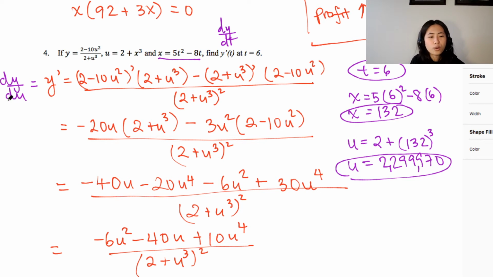So you can't really just plug in the u, because you need to have it as dy over dt. We're not going to plug that in first because we're deriving based on t, not u. That's why you can't just plug in u.